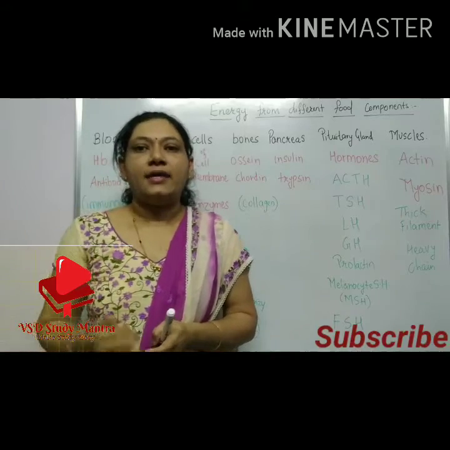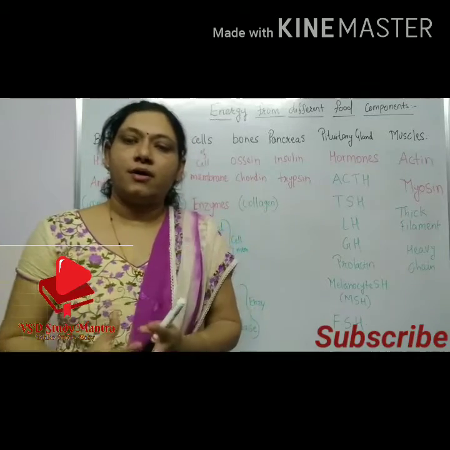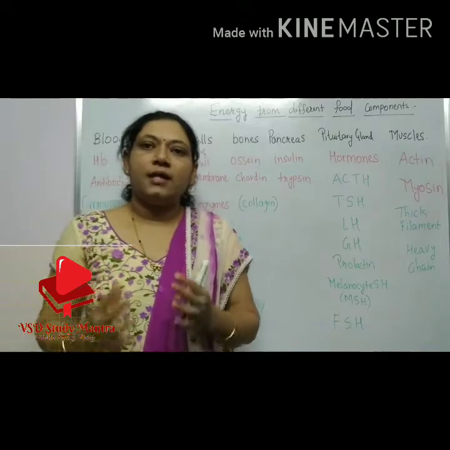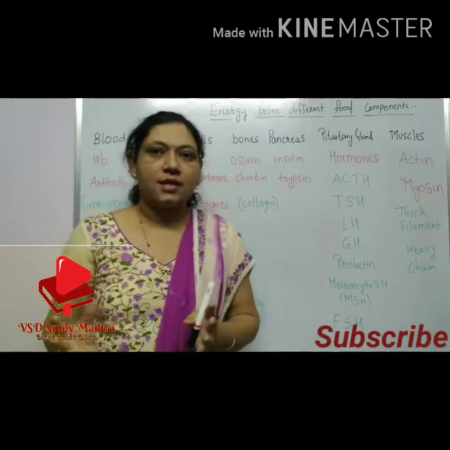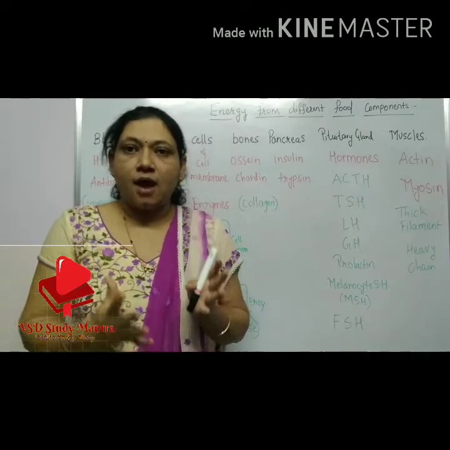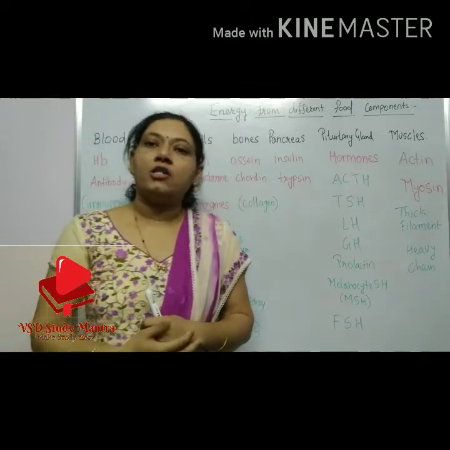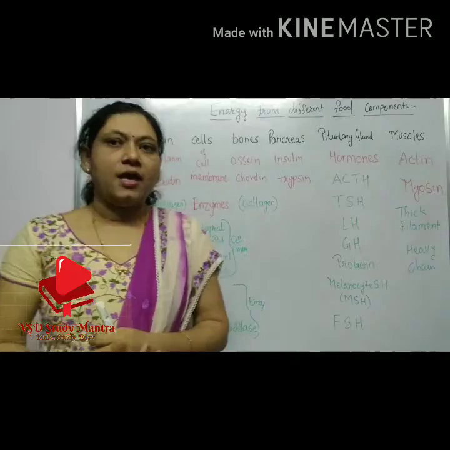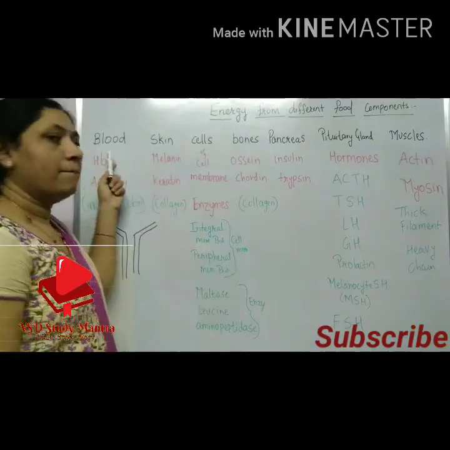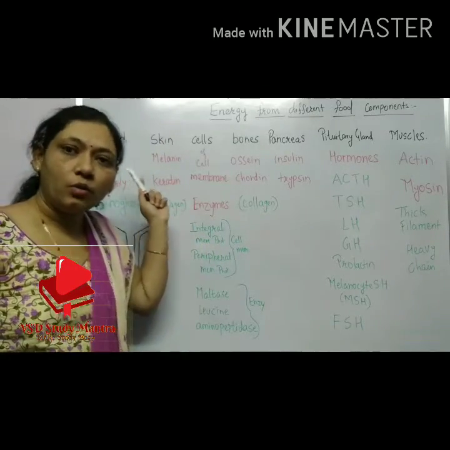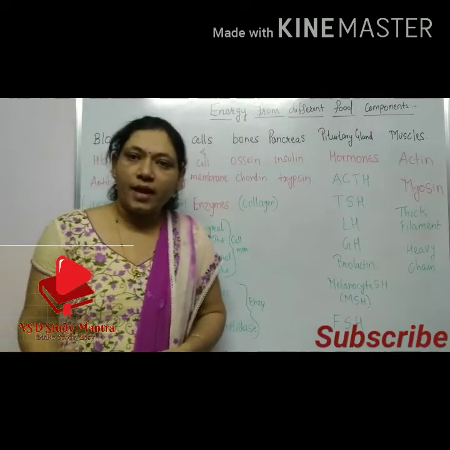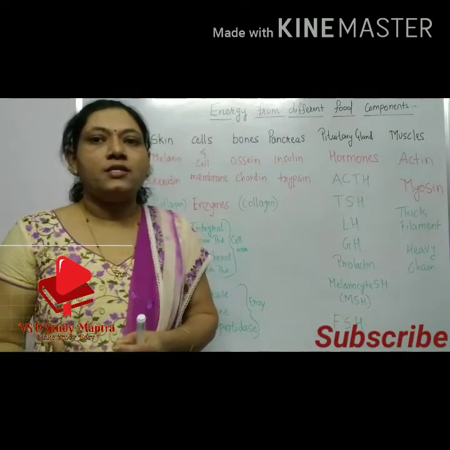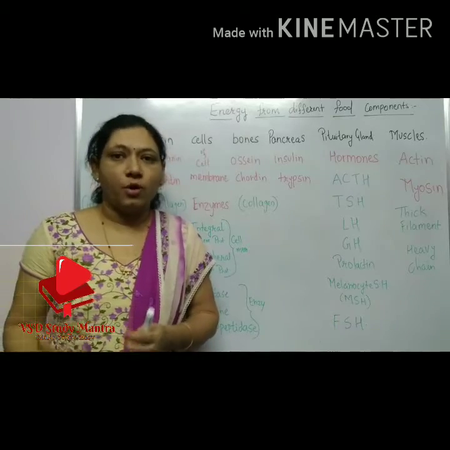Because the antibody protein is very essential for the neutralization of pathogens, that is harmful bacteria and also viruses. So in the blood there are two types of proteins, hemoglobin and antibodies. Antibodies are also known as immunoglobulin.